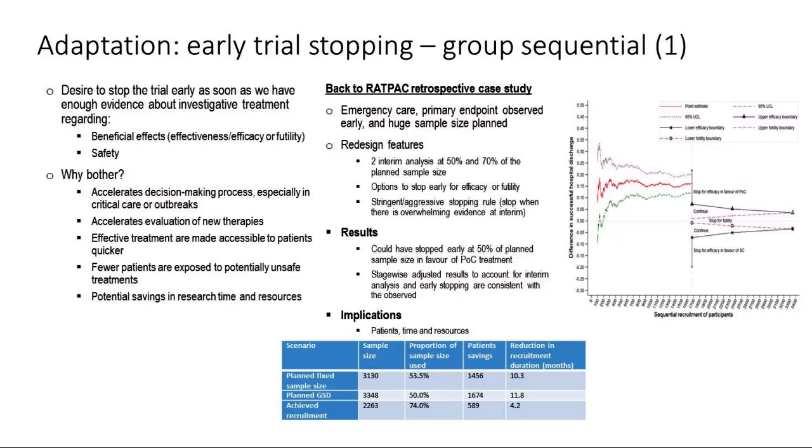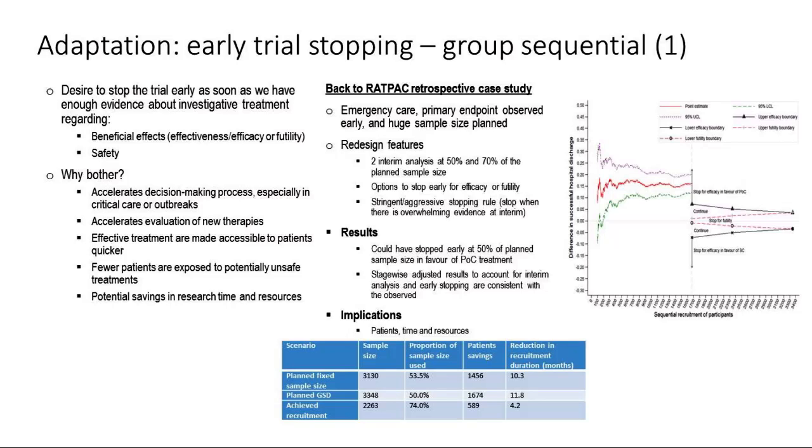If you pre-plan, your statistician will try to factor in all the planning scenarios: if that happens, this will happen in the design of the trial. So you can work out the implications of different decision-making situations in that trial.